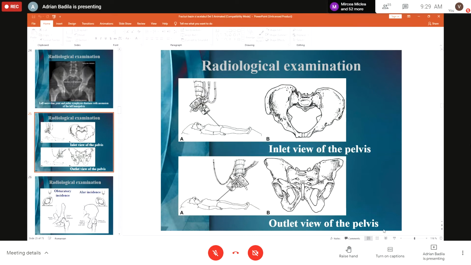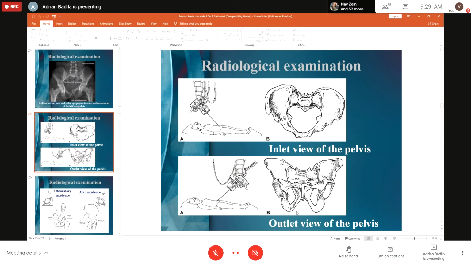In the outlet view of the pelvis, the patient is also supine on the examination table, but the X-ray beam will make 45 degrees with the horizontal line coming from the distal part of the body.